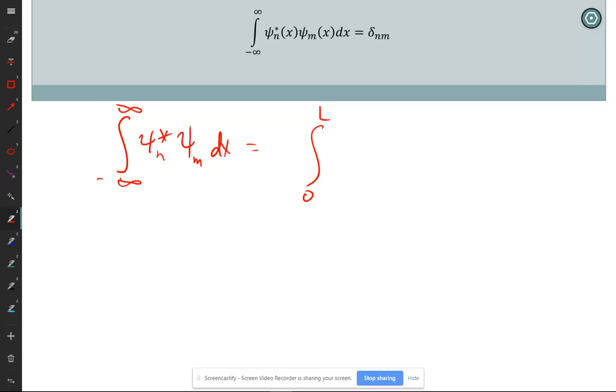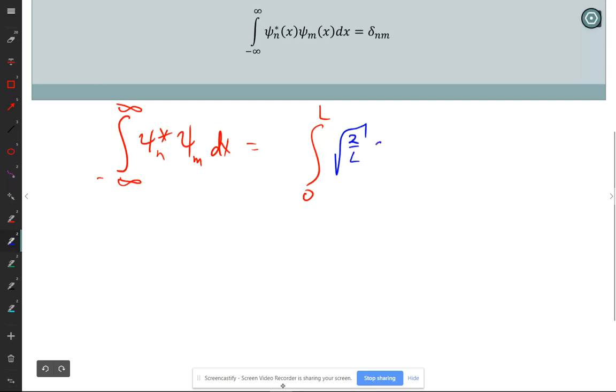Because if it's not, I need to make sure. Then I'm going to have psi sub n star, square root of 2 over L sine of n pi x over L. And then I have my psi sub m, square root of 2 over L sine of m pi x over L.